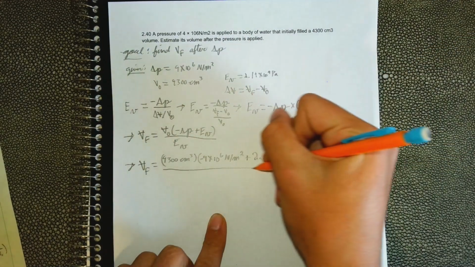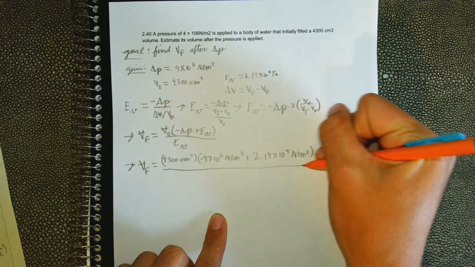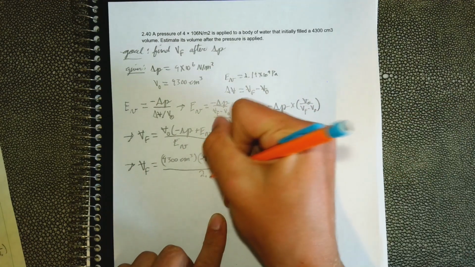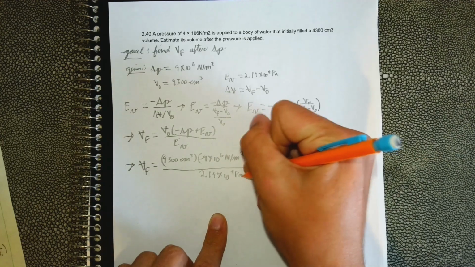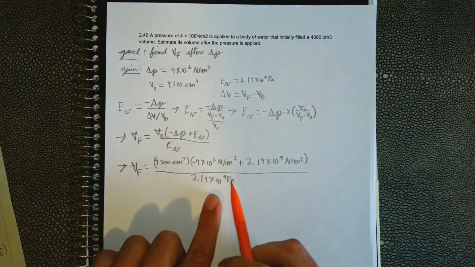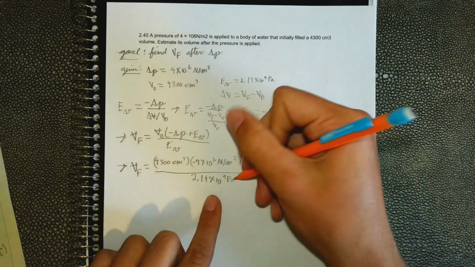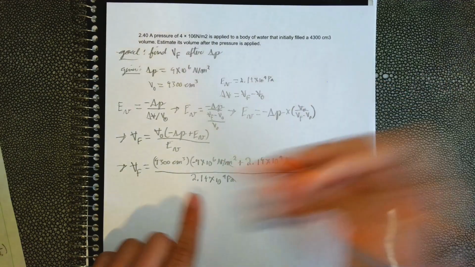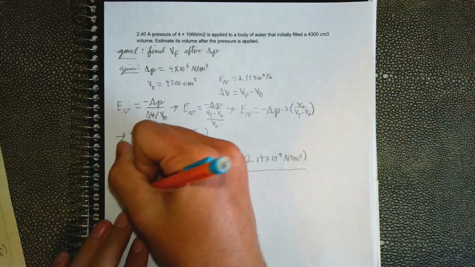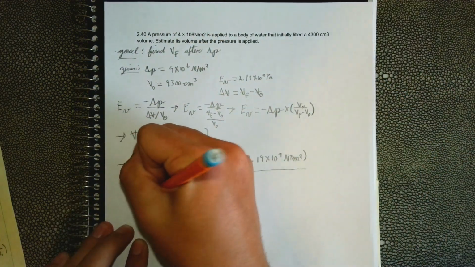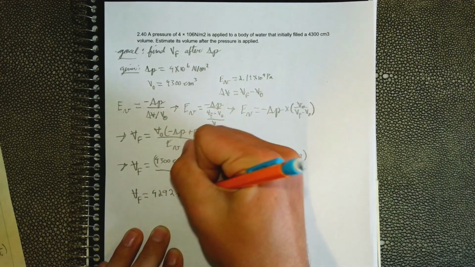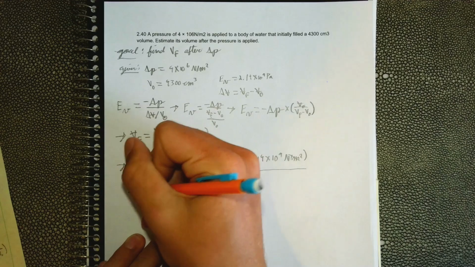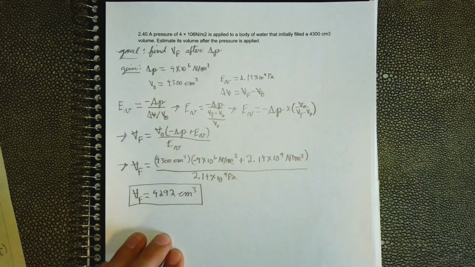All that is divided by the bulk modulus again. So these will cancel out. We'll be left with the volume. The volume is equal to 4292. And that's our final volume.